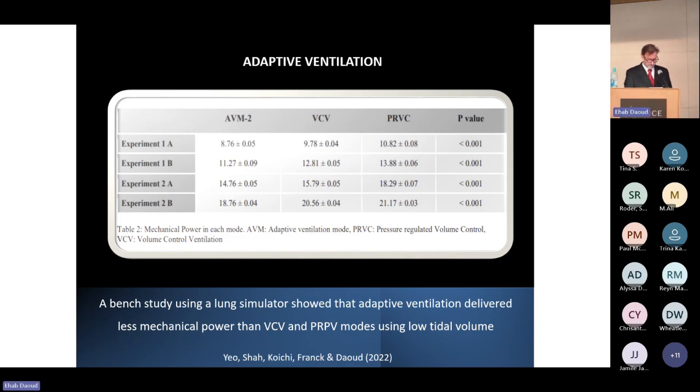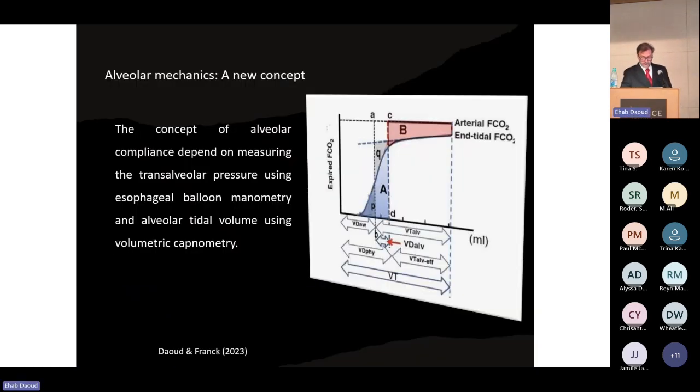But in fact, in this way, mechanical power may not represent alveolar pressure and tidal volume. So, going deeper, the concept of alveolar compliance depends on measurement of transalveolar pressure using esophageal balloon manometry and alveolar tidal volume using volumetric capnometry.